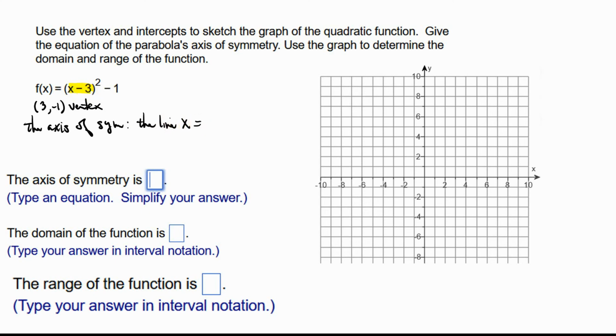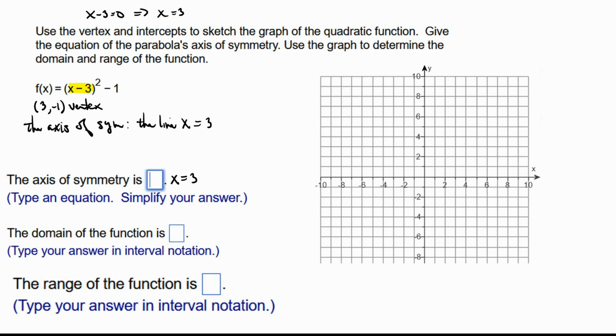You set it equal to 0, and then like here you have x minus 3 equal to 0. That implies that we get x equal to 3. So it's the line x equal to 3. So that goes here, x equal to 3. If it was x plus 3, then it would be the line x equal to negative 3. Right?